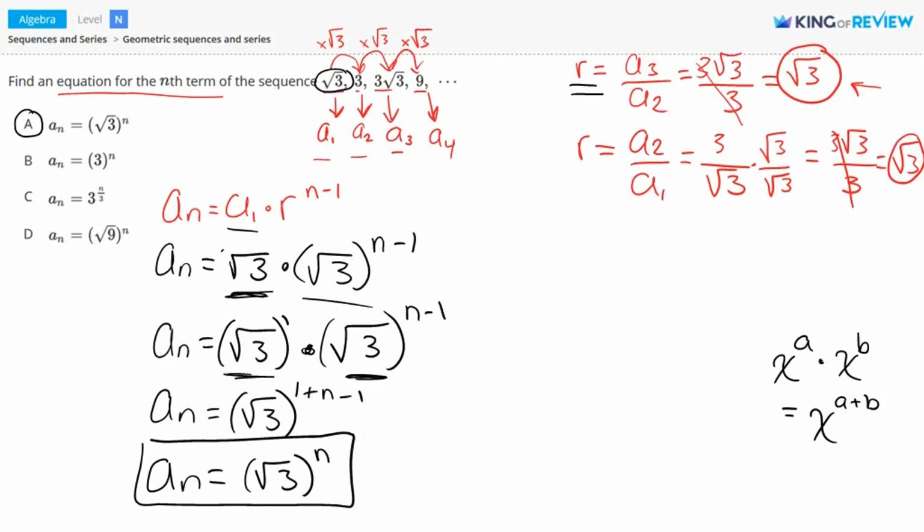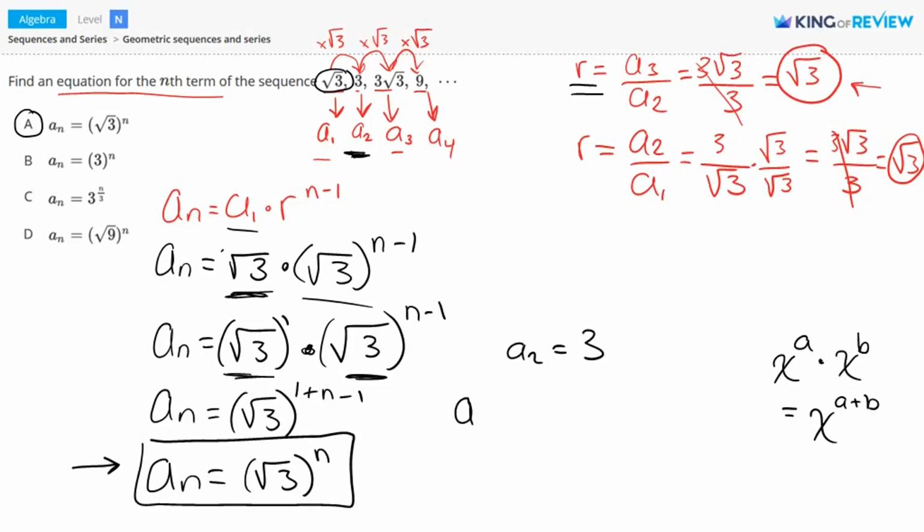And a good thing to do after you've come up with the equation for a geometric sequence is to test it and see if it's true. So let's test it with A2. We know that A2 should equal 3. So let's insert that information into the equation and see if we get 3 for the answer.